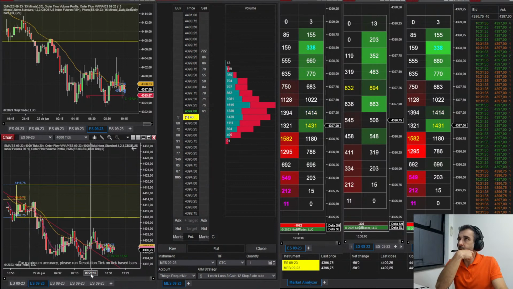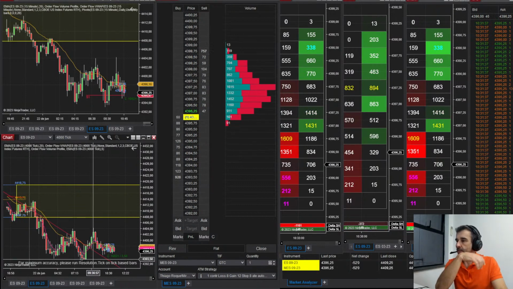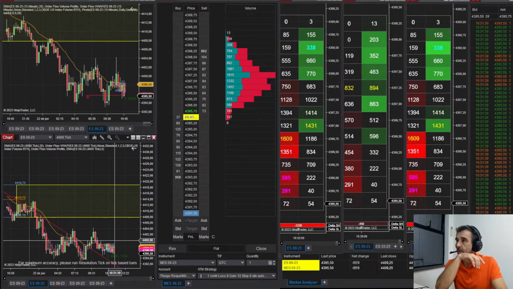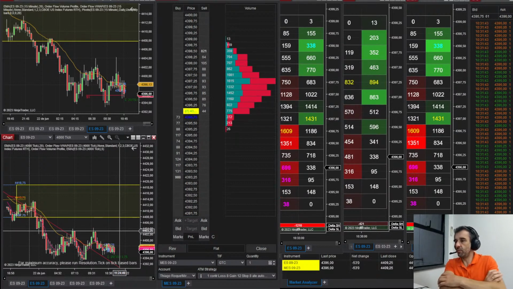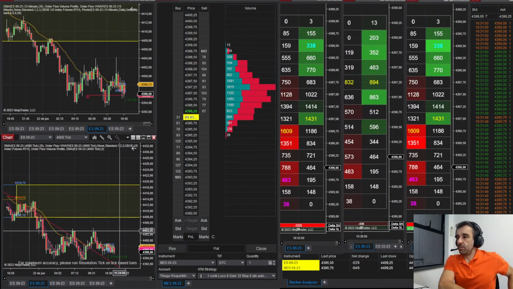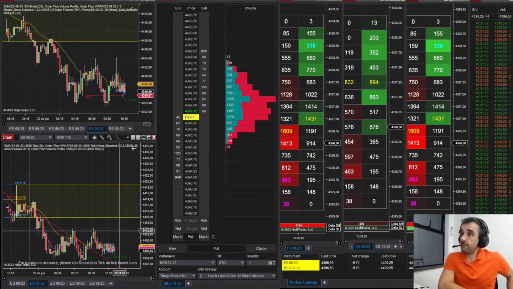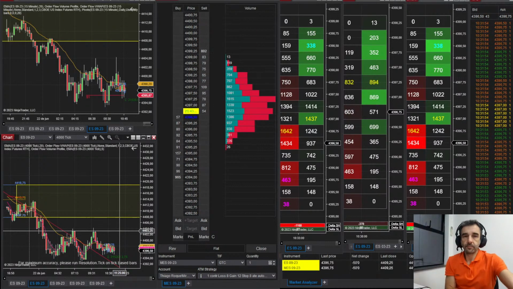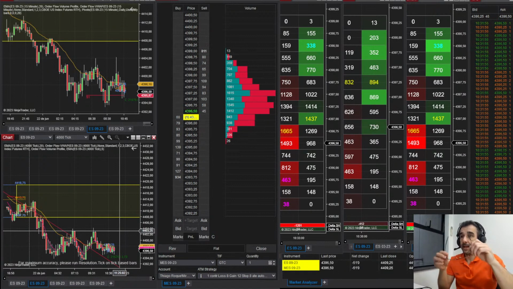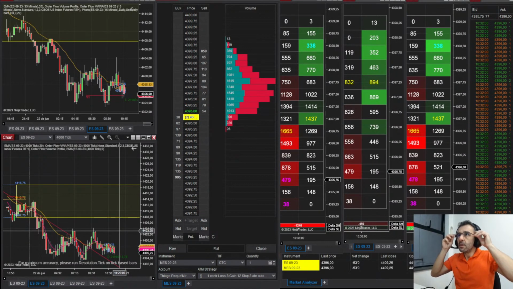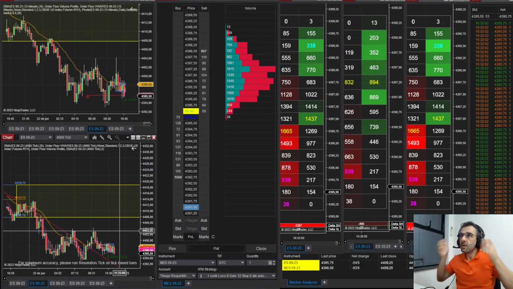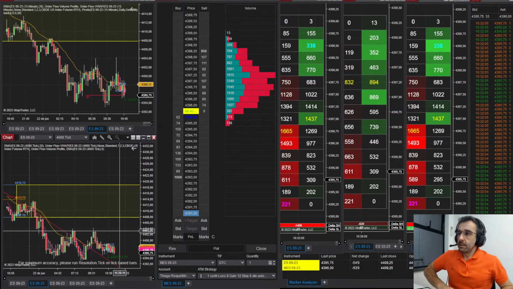We already had the initial jobless claims that moved prices a bit, but basically it returned to the region it was previously trading. Let's see what's going to happen.